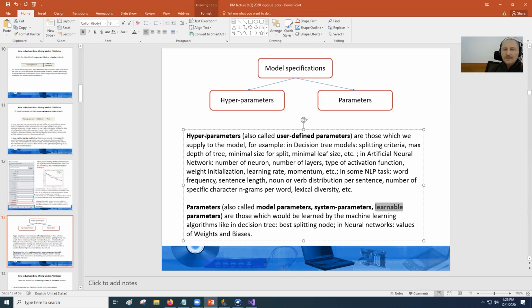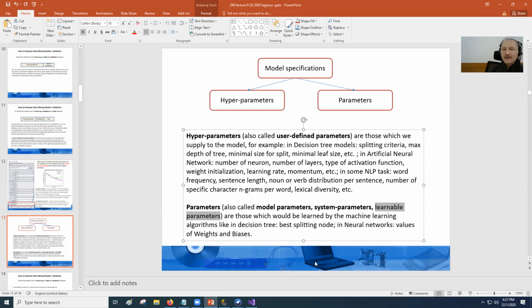But for a hyperparameter, it is the machine learning engineer's job to find their optimum values. Also, there are some techniques to make them automatic. You can use some optimization techniques to find the optimum values for hyperparameters also.